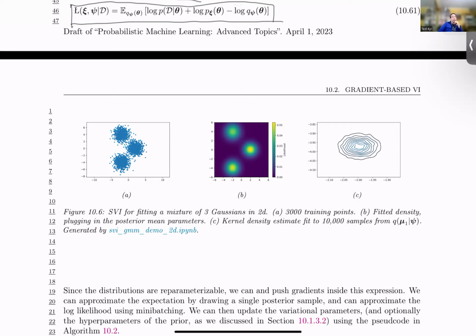So again, for just this Gaussian mixture model, I don't think having the distribution instead of point estimates is earth-shattering, but I think it at least proves the point that there is a difference between VI and simpler techniques.